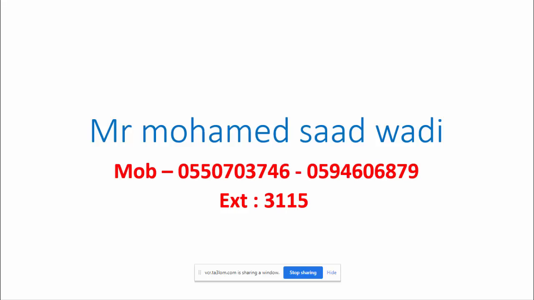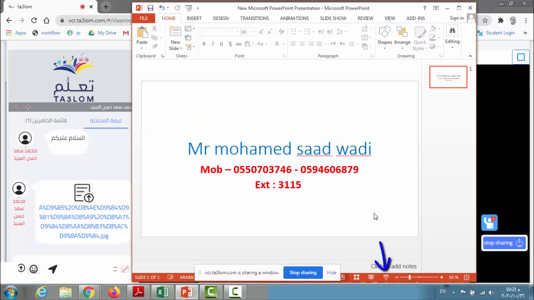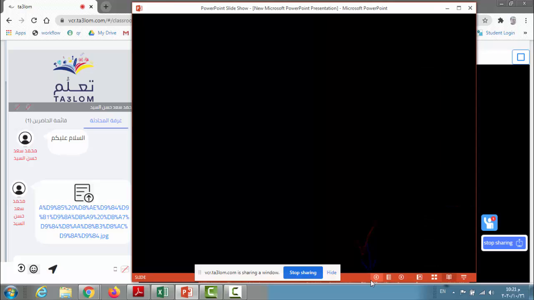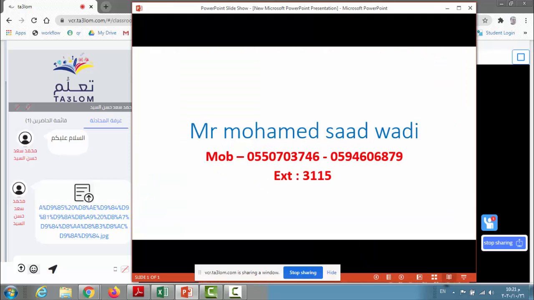To solve this problem, go back to the PowerPoint file again and replace clicking on the full view icon displaying the file through this command to this icon, reading view. The display appears in full screen only in the specific area, not the full screen of the computer.